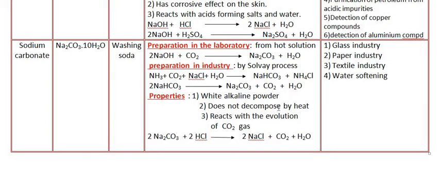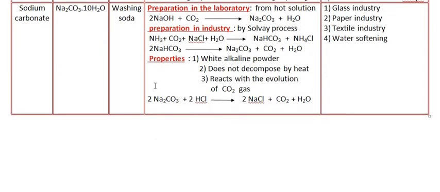Sodium carbonate is used in the industry of glass, paper, textile, and water softening. Water softening means conversion of hard water into soft water.